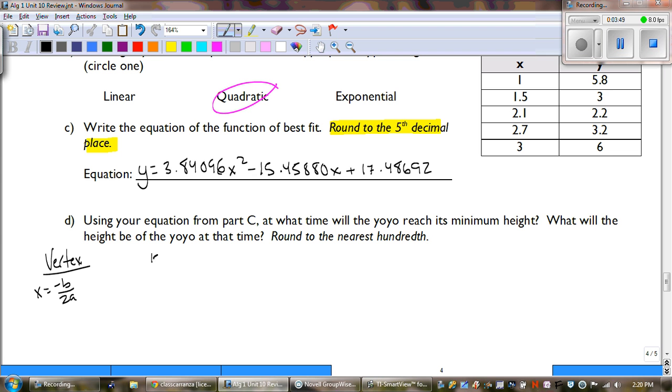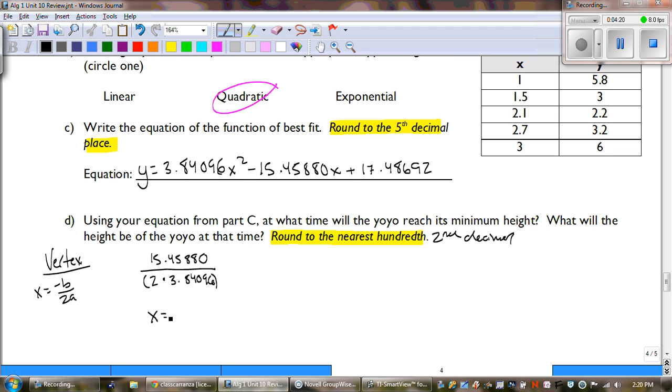So that is 15.45880, all divided by 2 times 3.84096, okay? We talked about this in one of the previous videos, that you have to be careful when you plug that in, okay? To get your answer, we need to round to the nearest hundredth. We've talked about this. It's the 2nd decimal.